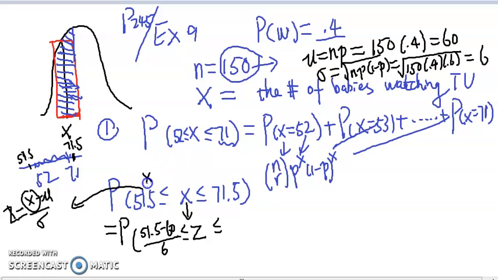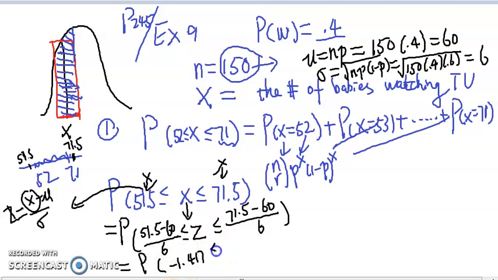Notice that both of these are x values, so x is between this and that. We have to convert both numbers to the z score: subtract the mu, divide by sigma. Now we can use the calculator to work out both numbers. That will give us negative 1.417 less than or equal to z, less than or equal to 1.917.